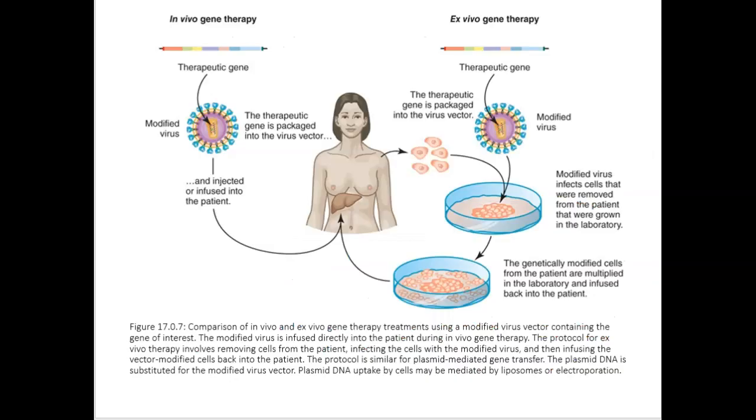So I mentioned before you can do ex vivo or in vivo gene therapy. In vivo gene therapy is exactly what it sounds like. You inject or infuse the virus directly into the patient. Now, ex vivo gene therapy is when you take something out of the patient.